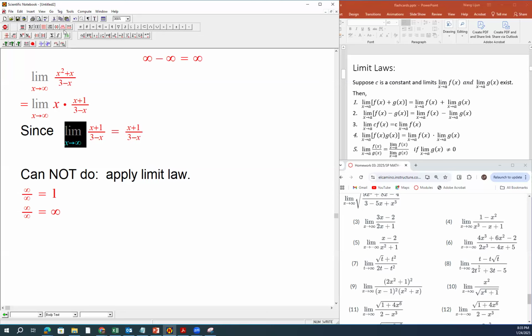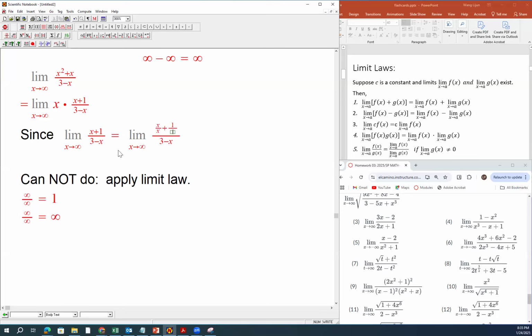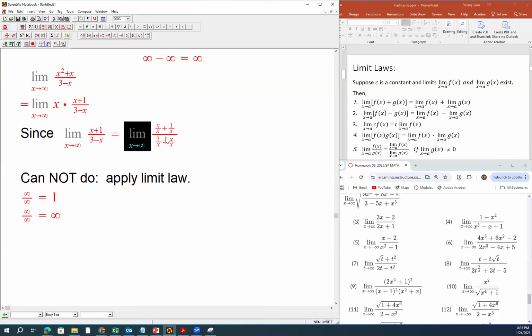We just divide every numerator by x, divide every denominator by x. So this is the technique we used all along. After this technique is applied to it, we will get 1. This is a -1.